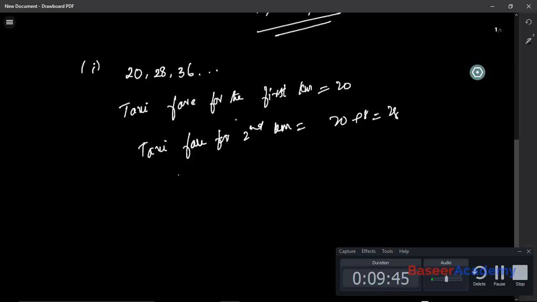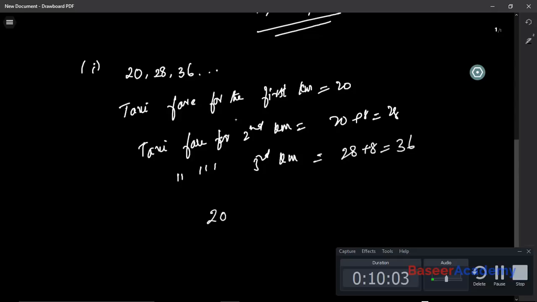Similarly, the taxi fare for 3 kilometers should be 28 plus 8, 36.